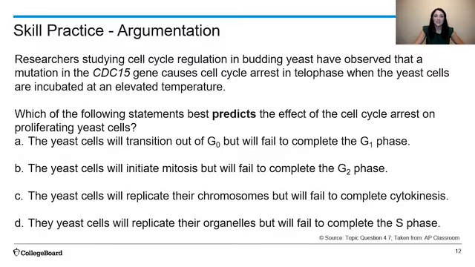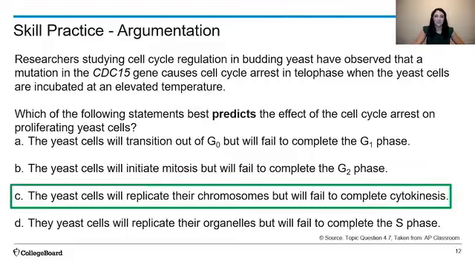All right, so the disruption that this question is asking you about is that there was a mutation in the CDC15 gene that causes cell cycle arrest in telophase. So cell cycle arrest means that the cell has been stopped in that phase. So now we need to predict what is going to happen if the cell has stopped in telophase.